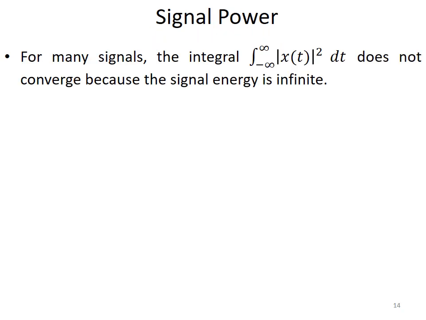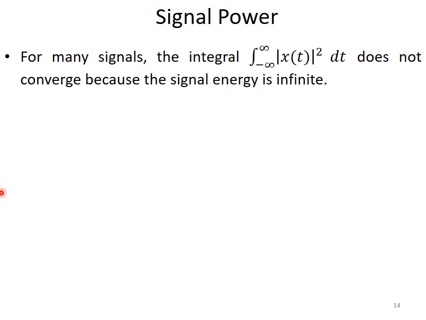Now in some cases we saw that the solution of this integral is not converging, right? It is because the signal energy is infinite. It means the signal is either periodic or it doesn't end anywhere, like a simple sinusoidal signal, which starts from minus infinity to infinity.